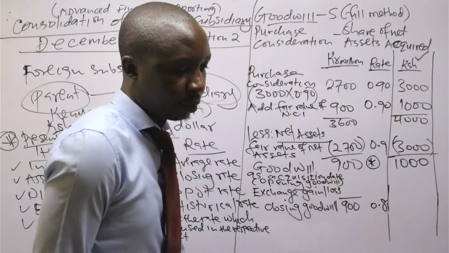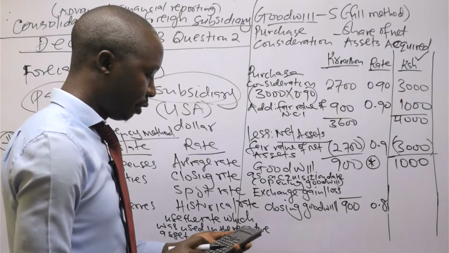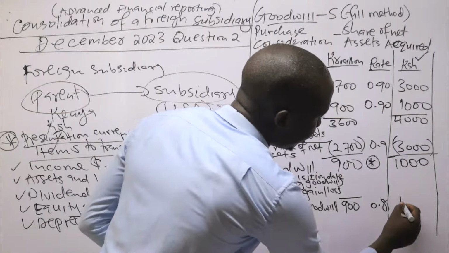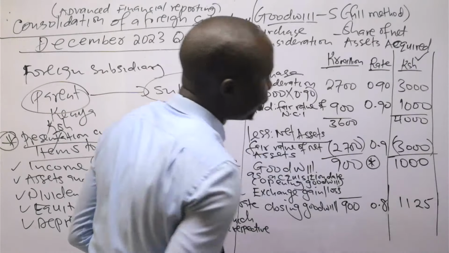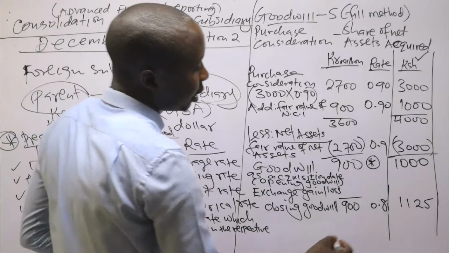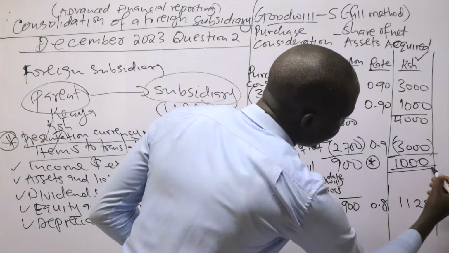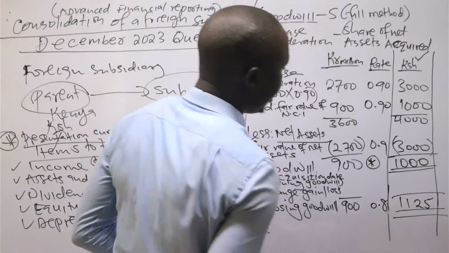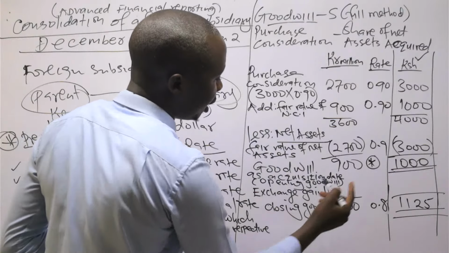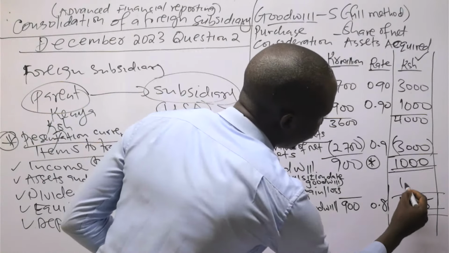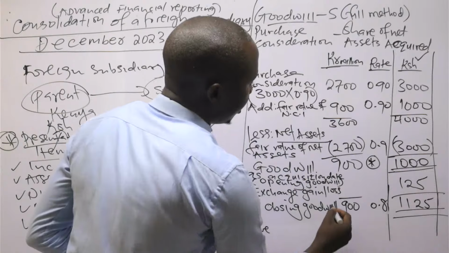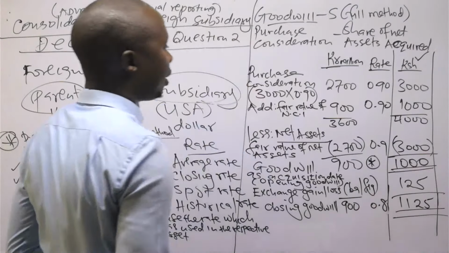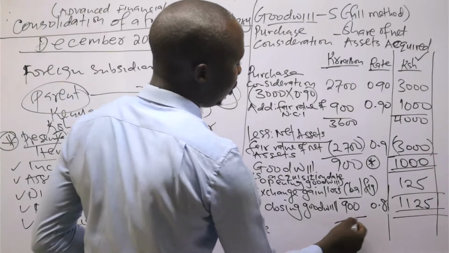So if I take 900 divided by 0.8, I get 1,125 in Kenyan shillings. Meaning there is an increase from 1,000 to 1,125, so that is an exchange gain of 125, the balancing figure.